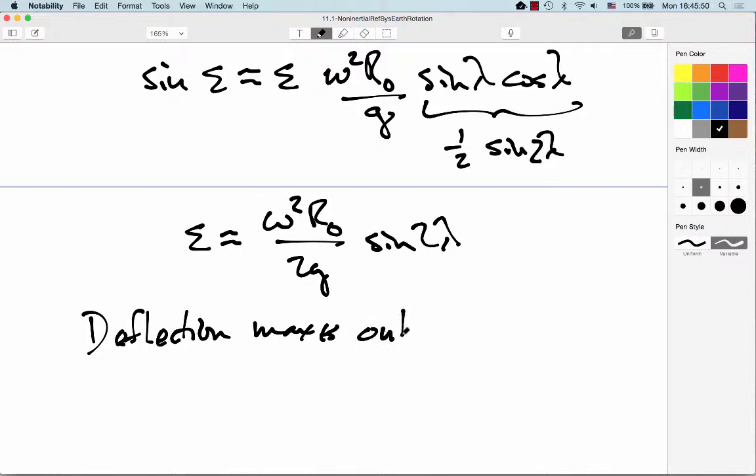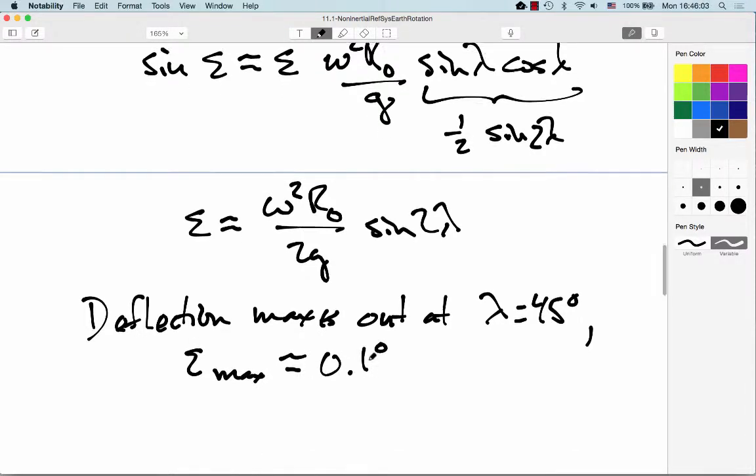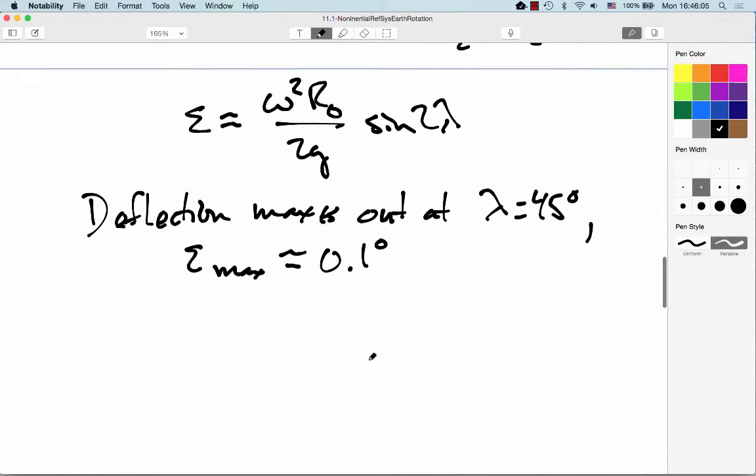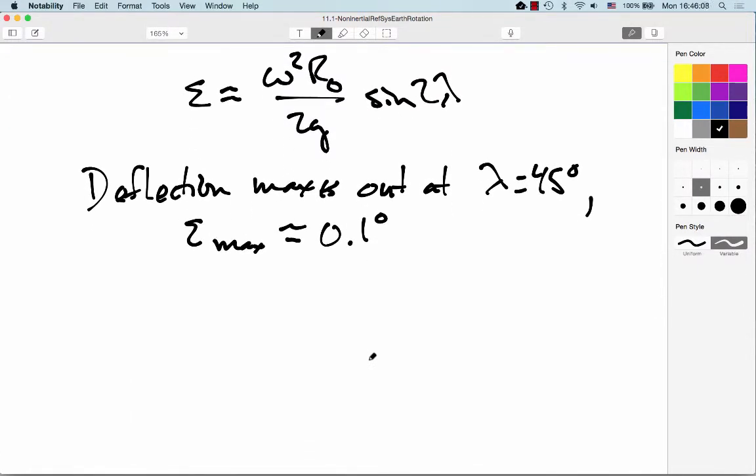So it maxes out at 45 degrees, and if you crunch the numbers, our maximum epsilon is on the order of about 1/10 of a degree. So it's not huge. In most of the rest of the Earth, the deflection is going to be even smaller than that. It's the sort of thing that keeps surveyors up at night, but for the rest of us, not a big deal.